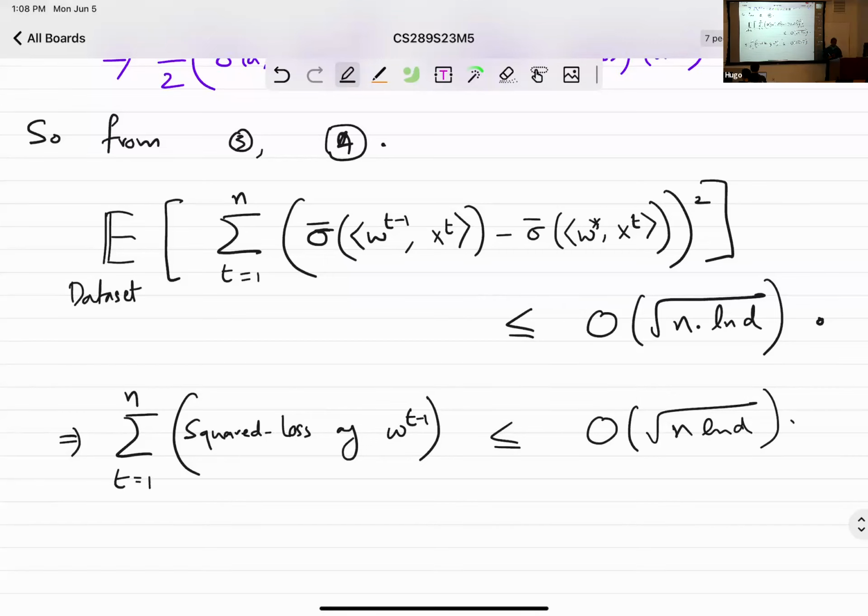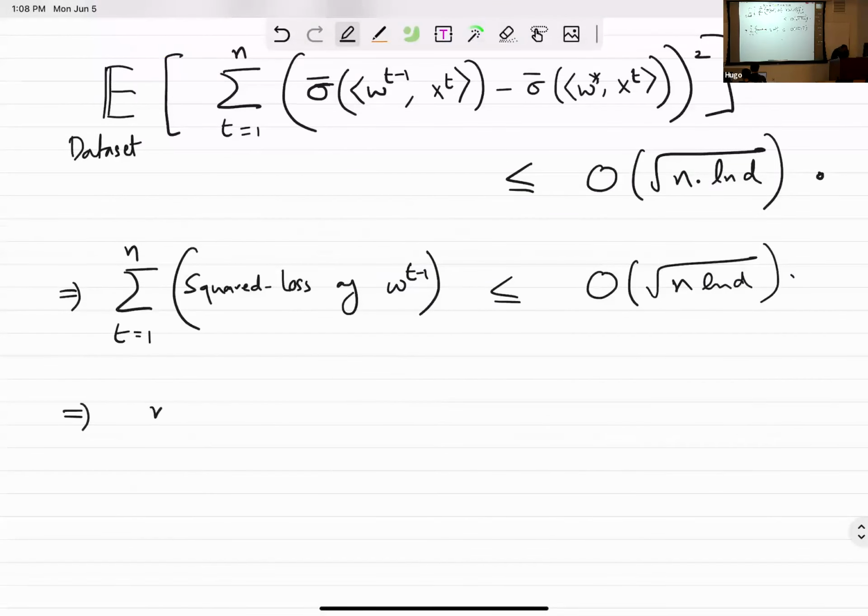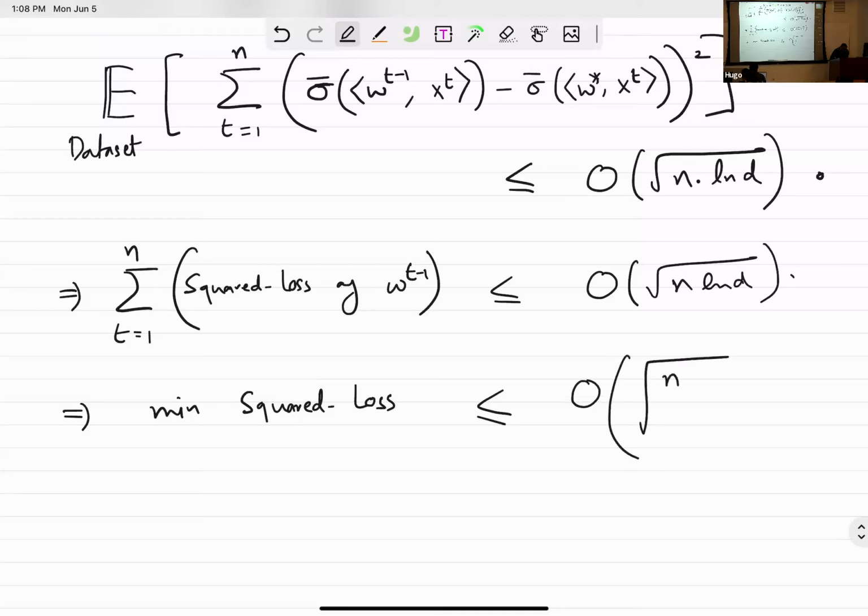Right. So the mean loss is less than or equal to... the sum is at least n times the min.